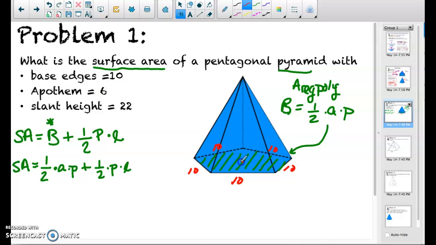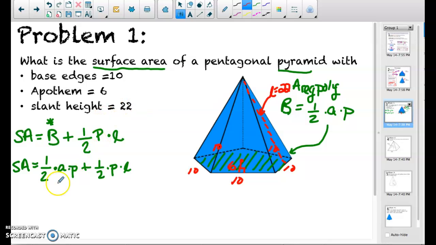So remember, the apothem goes from the center of that polygon and is perpendicular to the edge, and that measurement is 6. And the slant height is 22. So remember, slant height is if we were to take a trip down the center of the face here, that's the slant height. That slant height is 22.